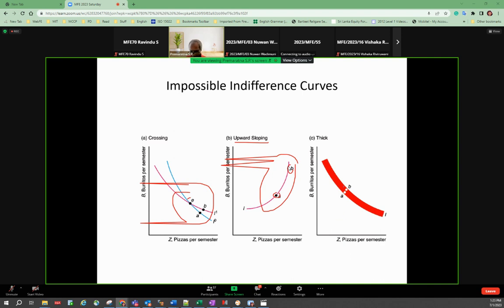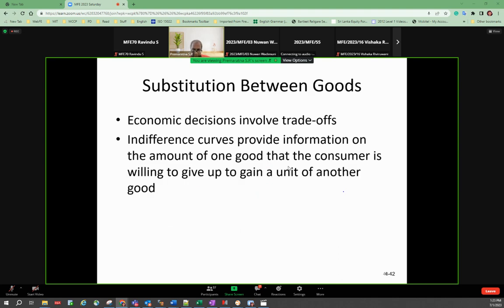This also never happens in indifference, because if you look at two different baskets with the same indifference, two indifferent baskets mean a heavier basket and a smaller basket. For that, you have to spend much money. We can't be happy.